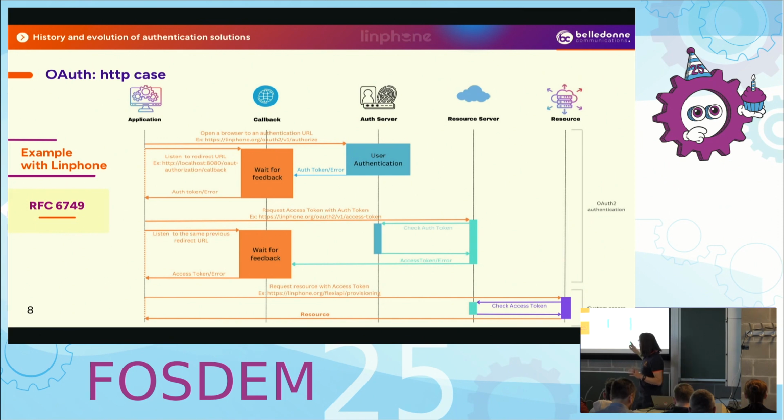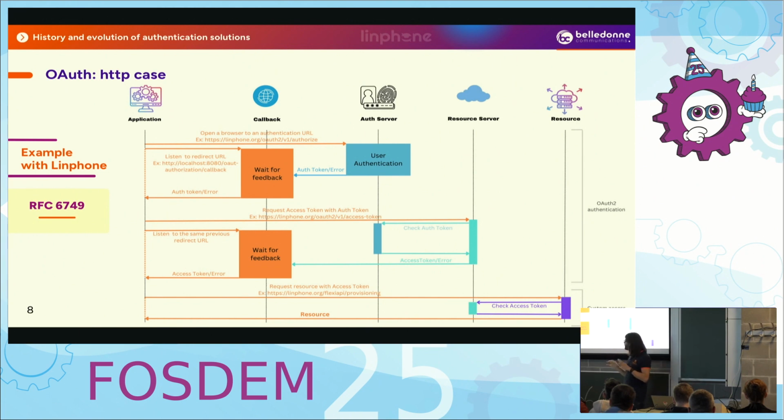This is just a more precise example, derived from Linphone, of how Linphone uses HTTP OAuth to get authorization. At the beginning there is an HTTP request to the authorization server, so the user is prompted on a web page to enter their credentials.